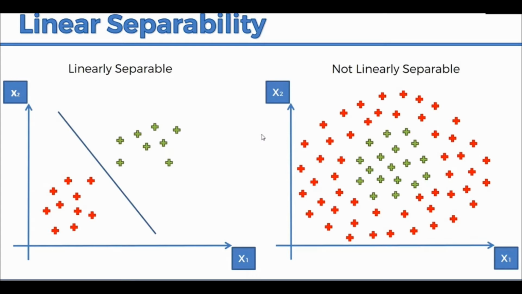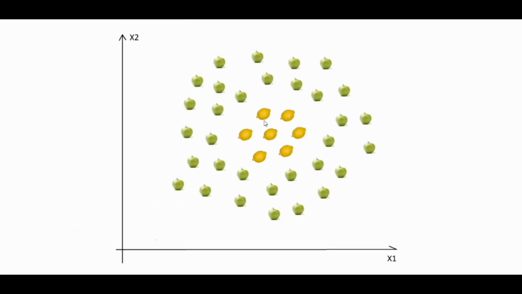Why is it so? Because the data points on the right hand side are not linearly separable, and they need to be linearly separable. So there are various kernels which try to make the data linearly separable using their different approaches. Let's say we want to classify green apples and yellow lemons using our SVM model.